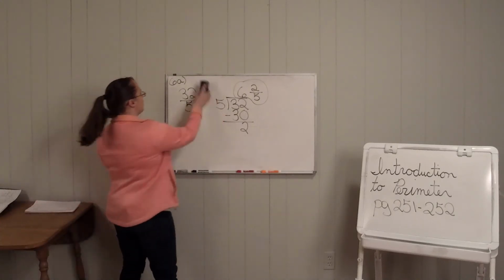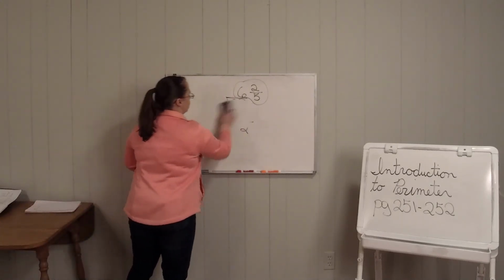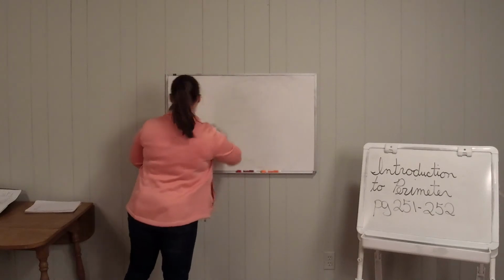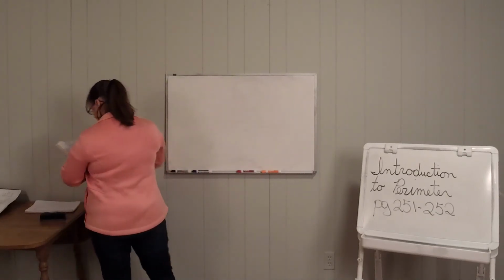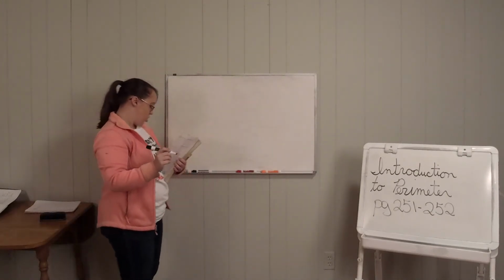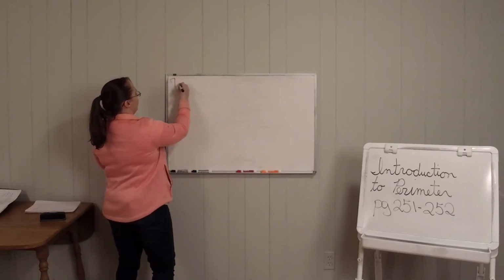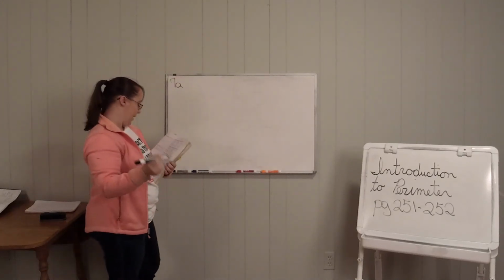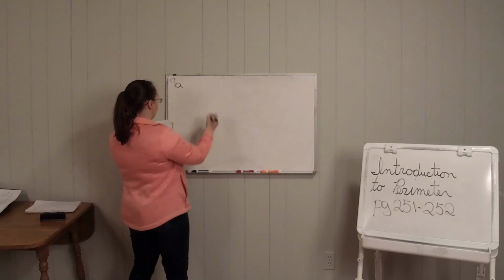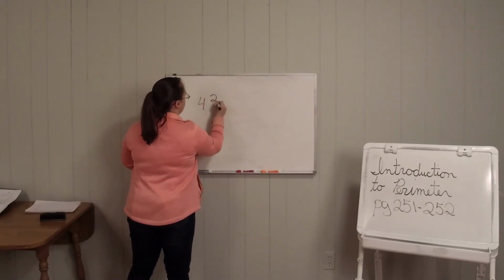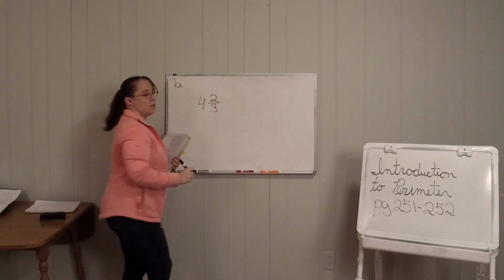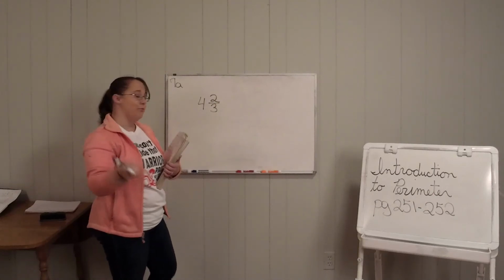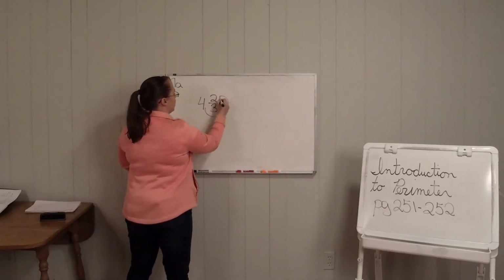And then we're going to look at number 7. 7a says change it to an improper fraction. It says 4 2/3. Now to change that into an improper fraction, remember the little circle thing.